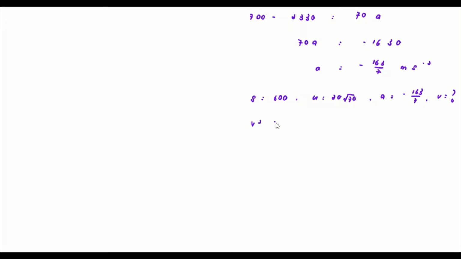So v squared equals u squared plus 2as. Okay, so I'll get u squared plus 2a and then s. Oops, I'm sorry. Okay, I'll try to write it. This is my a, this is my s.